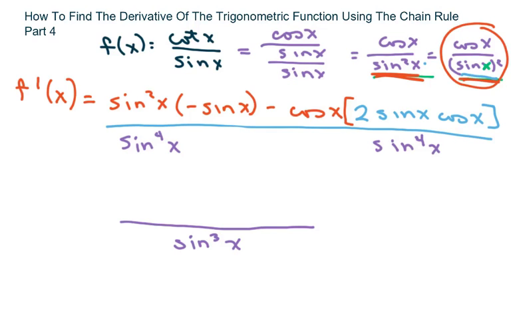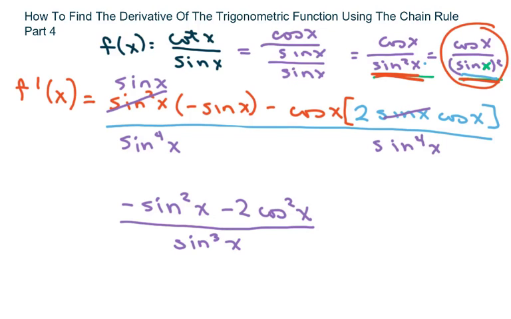So basically, when I do that, I'm reducing this down to just one sine, and this sine's just going to go away. So I'm going to have negative sine squared of x minus 2 cosine squared of x, and that's basically your answer.